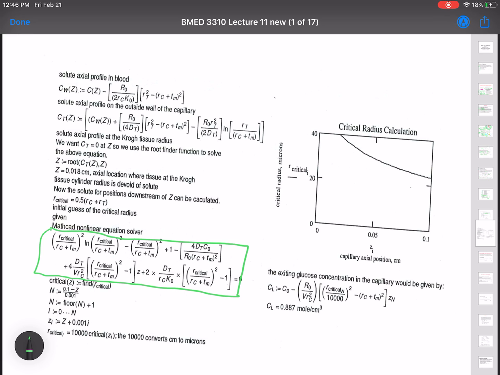And well, this is just interesting. It's an interesting application here, that the critical radius changes as you move downstream.